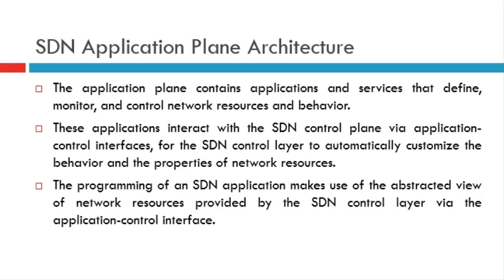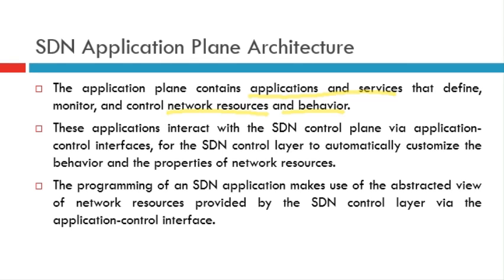Okay. So students, when we talk about the SDN application plane architecture, the application plane, which is on the top, contains applications and services. What applications we will discuss in the future slides, like applications related to security, traffic engineering, and many more, that define, monitor, and control the network resources and the behavior of the network resources.